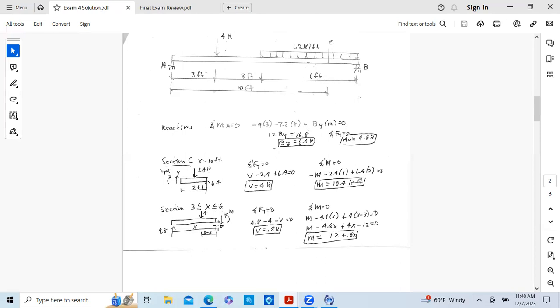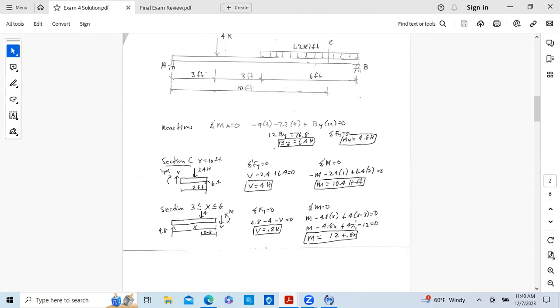Sum of the moments, we just take moments about this cut face: plus M, minus 4.8 times X. So here's the 4.8. The distance to the face is X. So the moment is 4.8 times X. It's in the clockwise direction, so it's minus. And then we have the 4 times its distance, X minus 3. And this is going to be in this direction, counterclockwise, so it's positive.